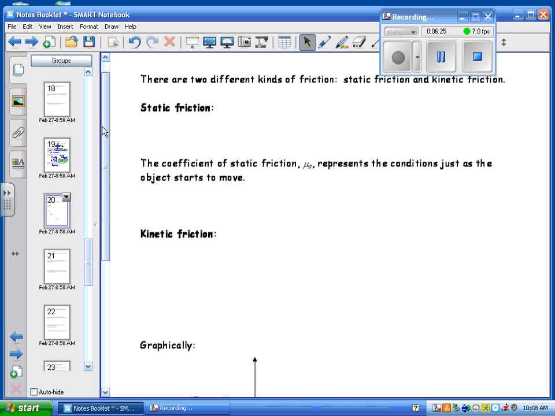There's static friction and there's kinetic friction. Static friction is for stationary objects. So static friction has to be overcome in order for an object to move.